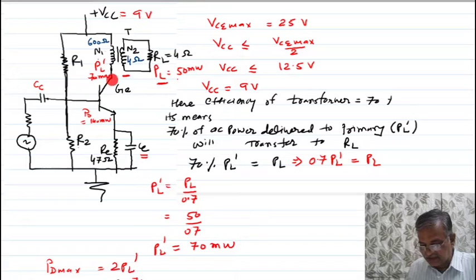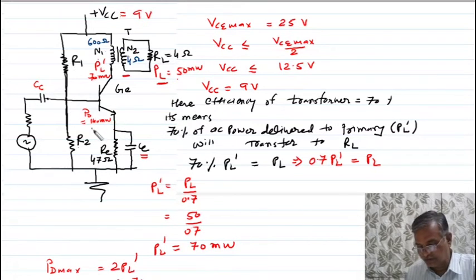If this transistor is short circuited, the maximum power will be dissipated across this. If this power capacity is less than that, it will burn out or be destroyed. So the power rating of this transformer should be more than this. Listen again. PD max is how much power is dissipated here: 140 milliwatt, in the quiescent condition.